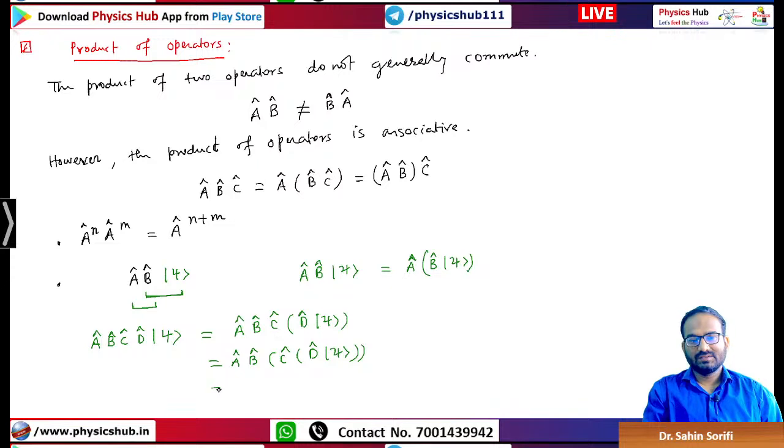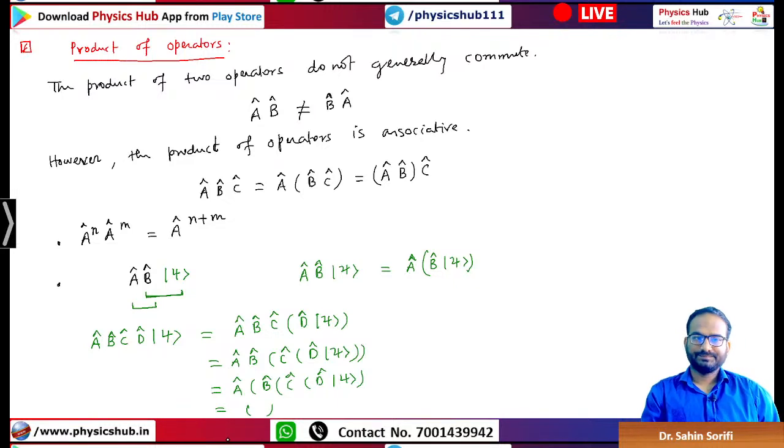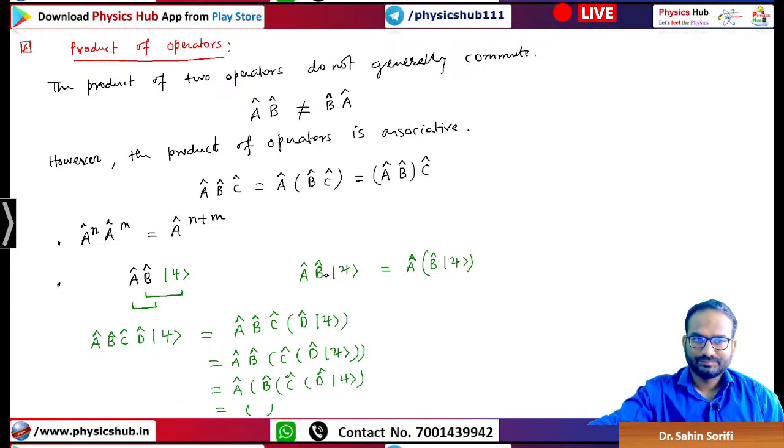Then B will act on the produced ket. Then finally A will act and you will get a final ket. So order is important. It is applied from the right, so the rightmost operator acts first.